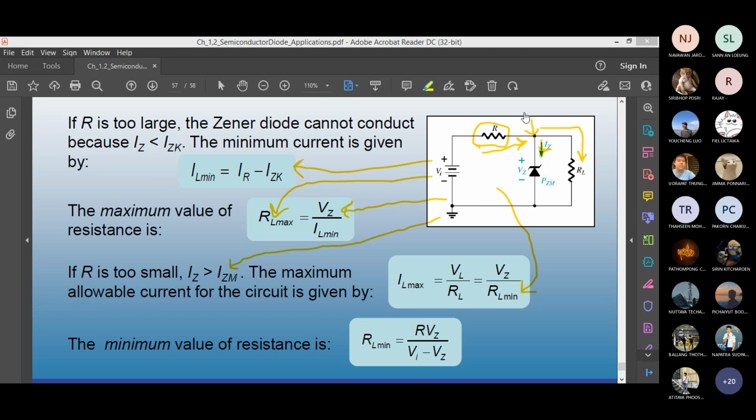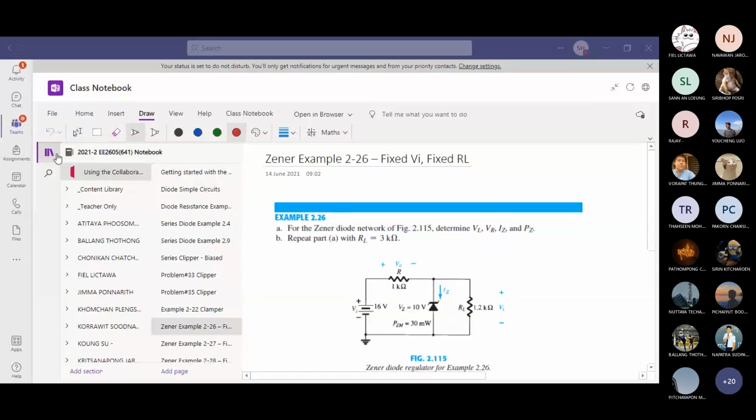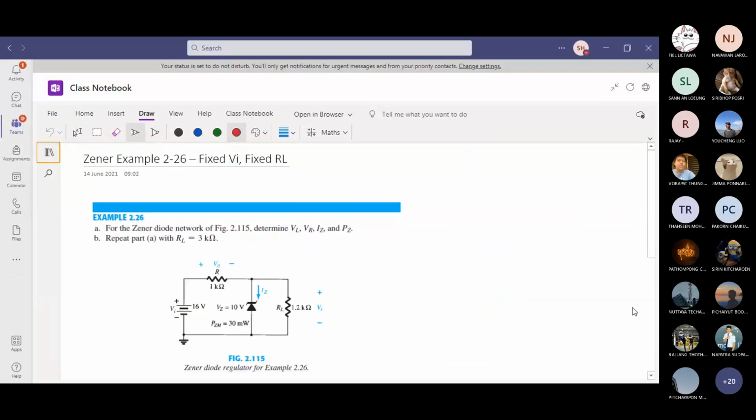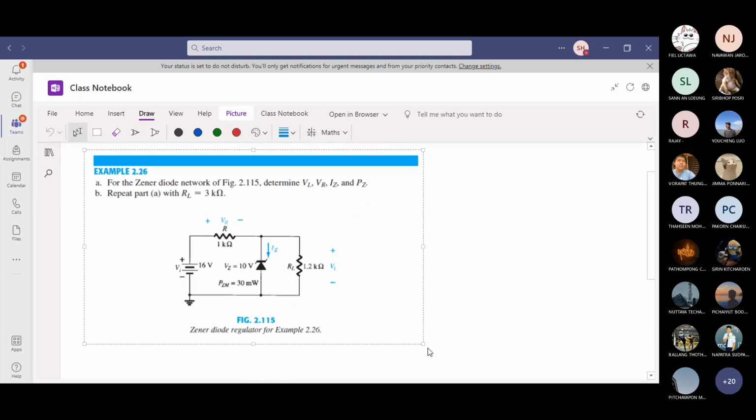And in a few moments, I will switch the screen. Let me make this ready on your screen. It should be now in front of your screen, example 2.26. Can everyone see? Yes, sir. Okay, let me enlarge the diagram a bit.